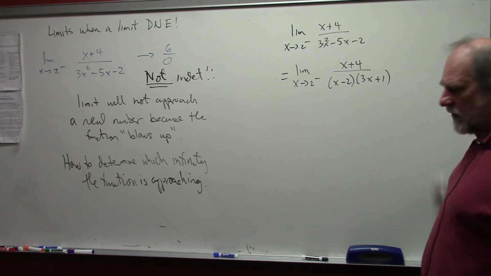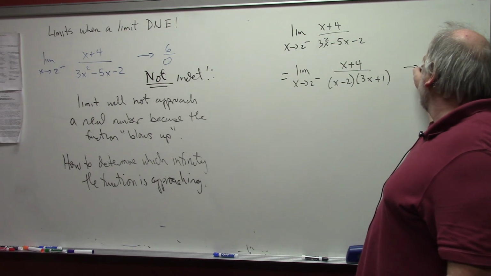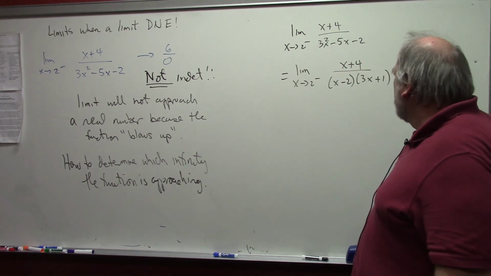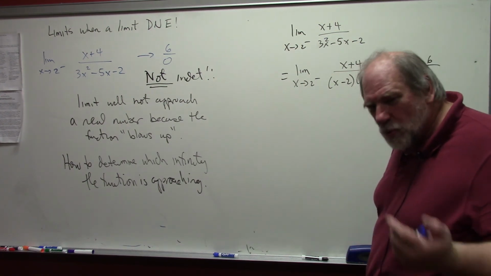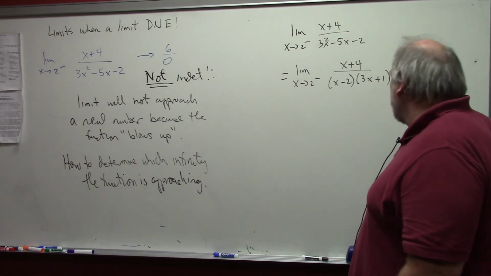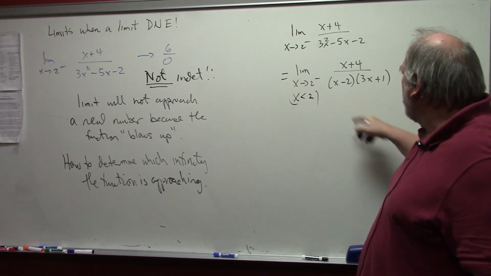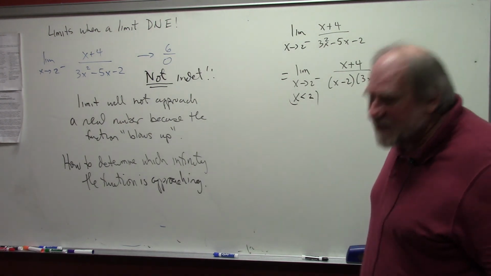And now let's see what each particular factor approaches. As x approaches 2, this numerator is approaching 6. The first factor is approaching 0, but the important part is which side of 0 are we on? Since x is less than 2, x minus 2 is approaching 0, but it's actually negative. It never is really 0.